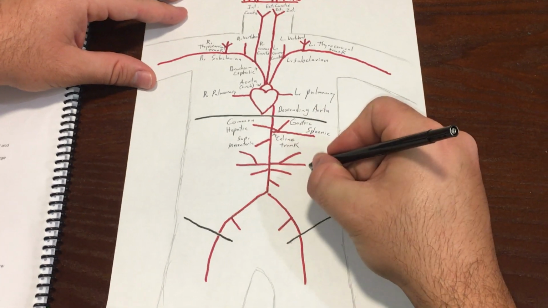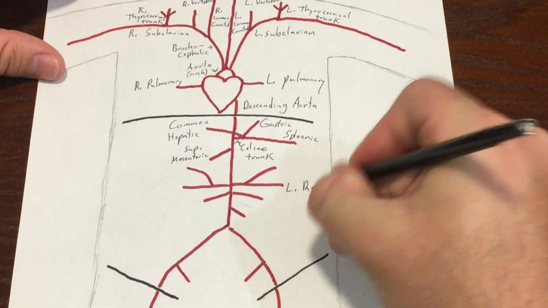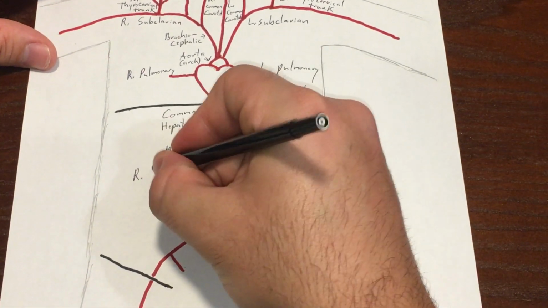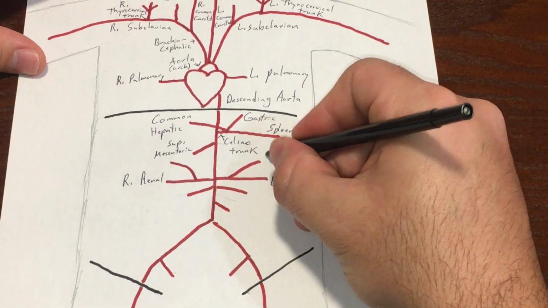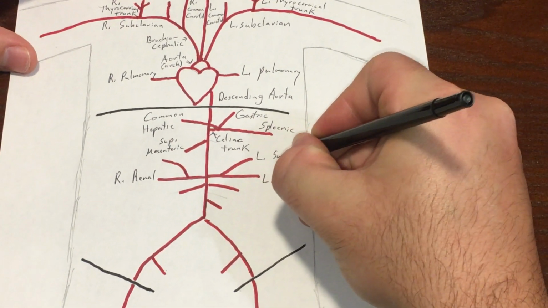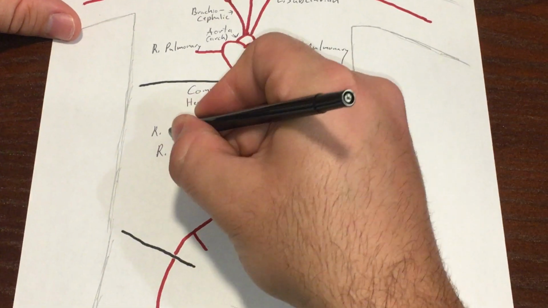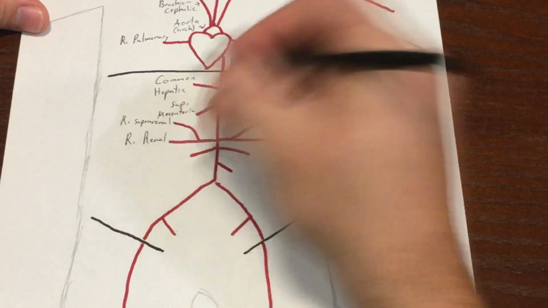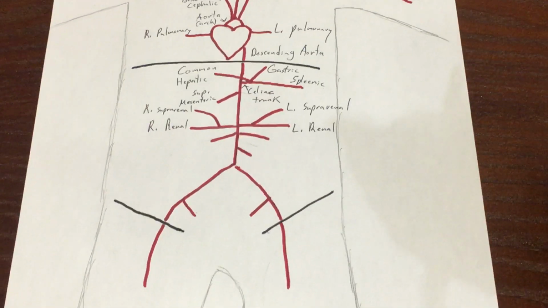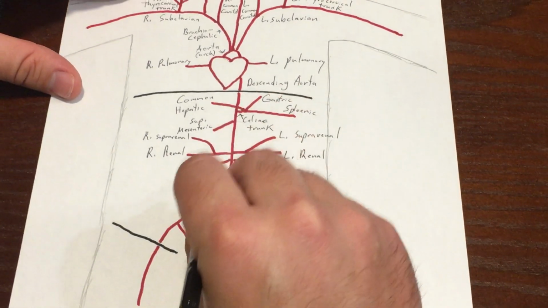Then we're having the left and right renal arteries, and then coming off of that are the left and right suprarenal arteries. And these are going to the adrenal glands that are sitting just above the kidneys, where the renal arteries are going towards the kidneys, supplying blood to the kidneys.